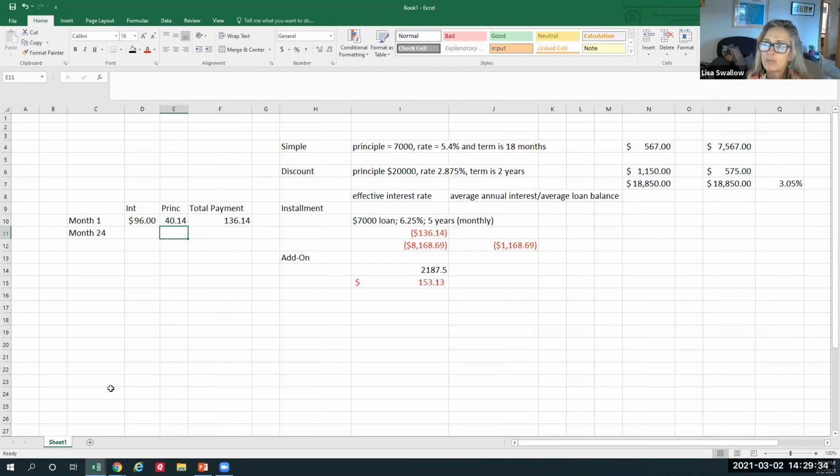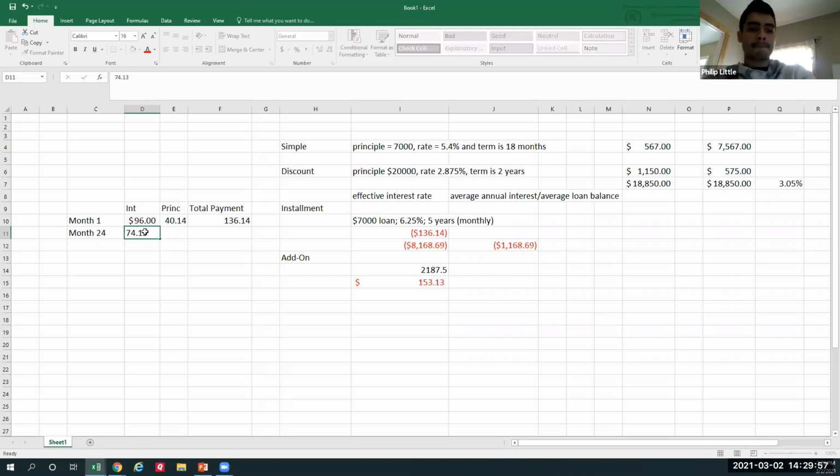So Philip, in month 24, same loan, is my interest going to be higher or lower than $96? It's going to be lower. Why? Because your principal has gone down. Yeah, my principal's gone down by 2 years' worth. So now my interest is, whatever, $74.13.